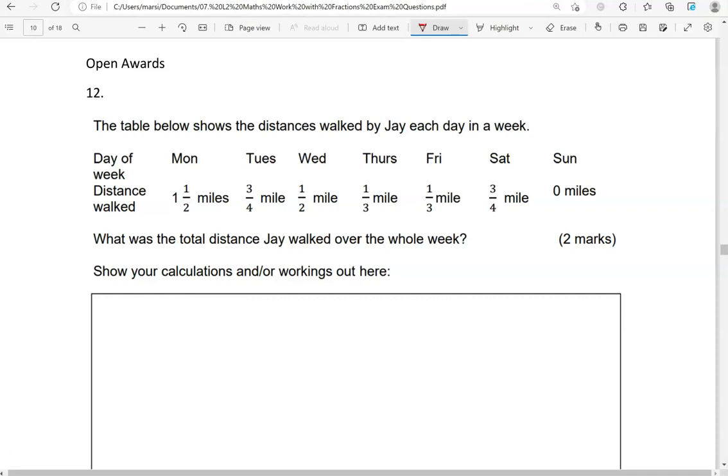So we're going to add all of these fractions and mixed numbers together. Doesn't matter which one we add with which, as long as we have a total at the end. So I'm going to group them in a way that's going to help me calculate. So 1.5 and a half, that's going to be 2 miles.